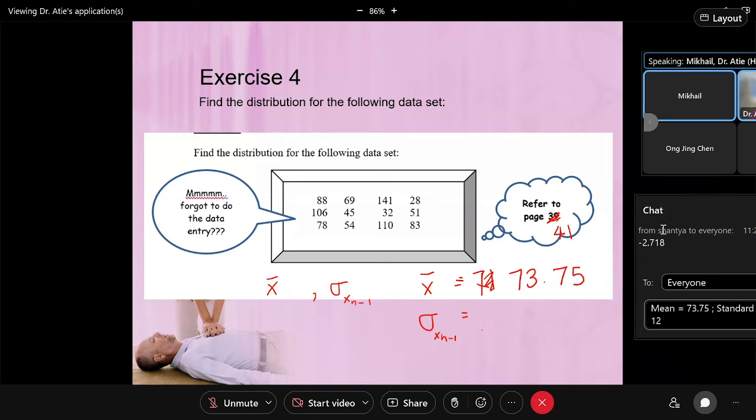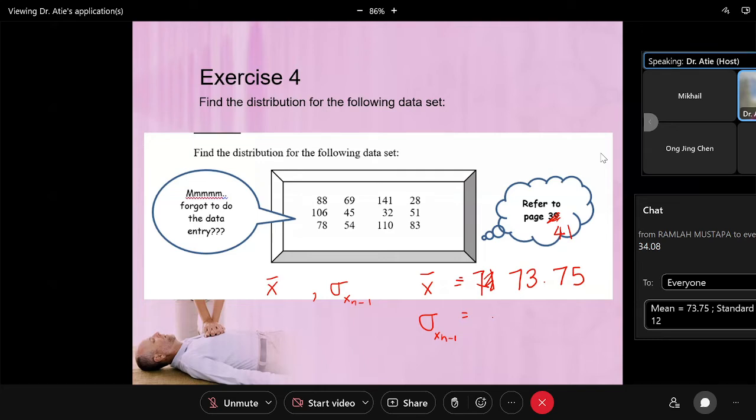So how about the standard deviation from the calculator? Kaisa, are you here? Okay, can you give me the answer?